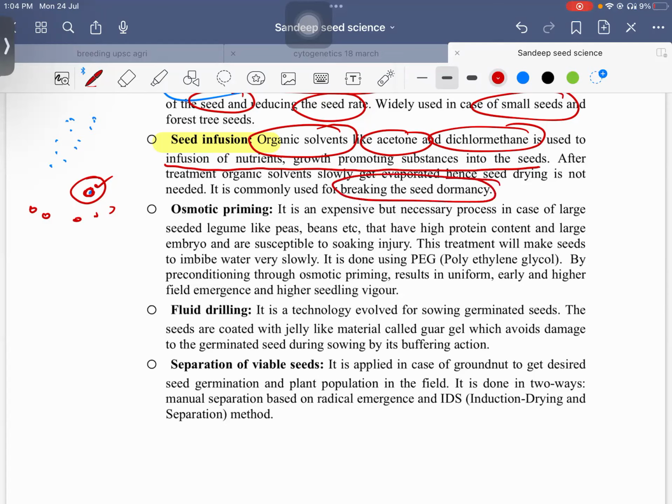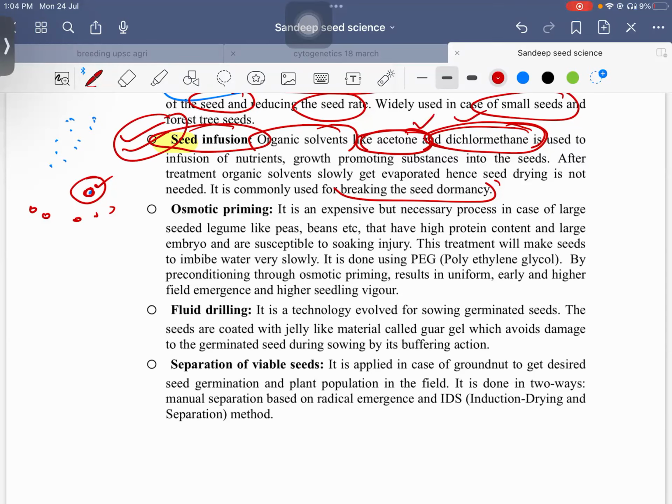This technique is commonly used to break dormancy, and the chemicals you should remember are acetone and dichloromethane. They are used in the infusion of nutrients and growth substances into the seed. Because of these chemicals, it will help the nutrient movement.